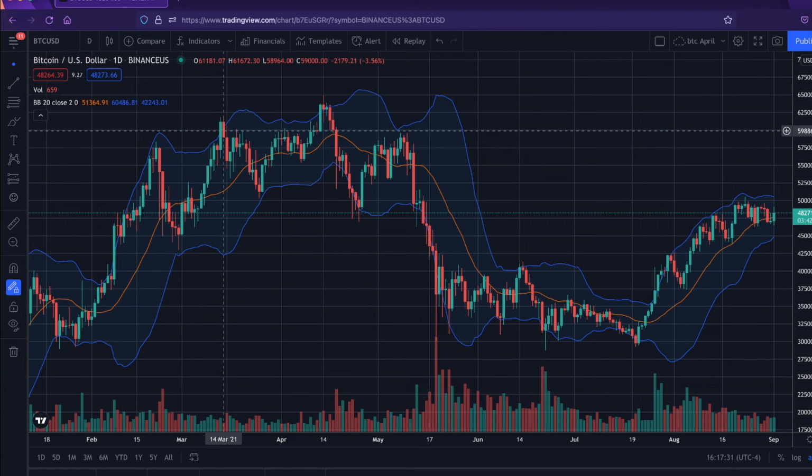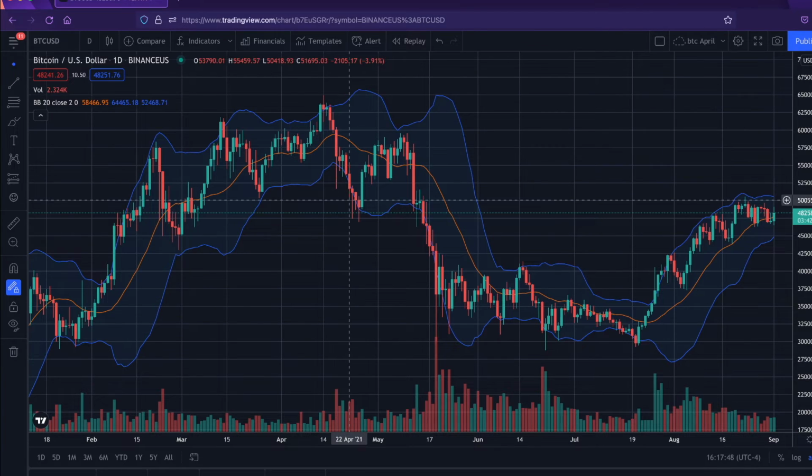The market wants to stay within the Bollinger Bands. So if it's ever outside of the Bollinger Band, you know that it's going to jump back into the Bollinger Band very quickly. So we see it again here. It eclipsed the upper bound and it jumped back in.